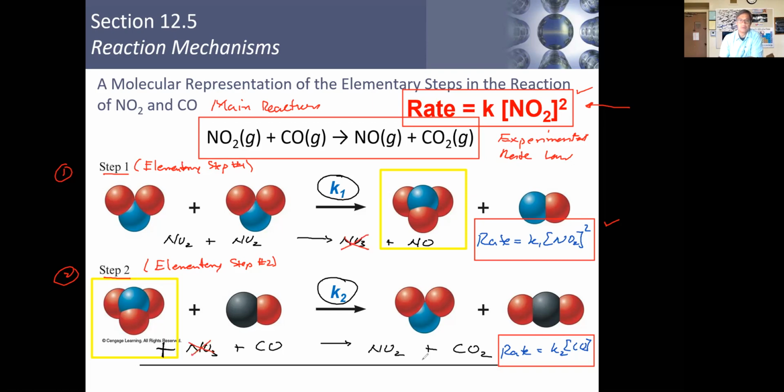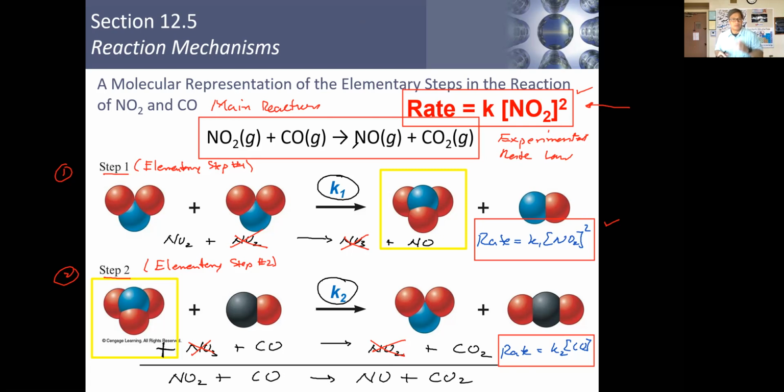One nitrogen dioxide here and one here cancels out because they are on opposite sides of the arrow. And look at what we're left with here. We're left with nitrogen dioxide on the left plus carbon monoxide on the right, and we're left with nitrogen monoxide on the right, and carbon dioxide, which corresponds directly to that main reaction. So the second criteria has been met. Okay? And so with that said, that's what we'll be practicing today as we go through this.